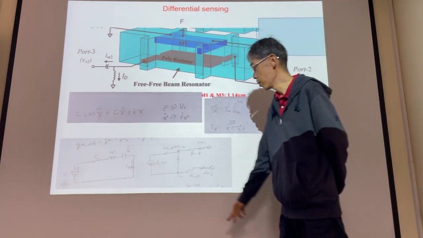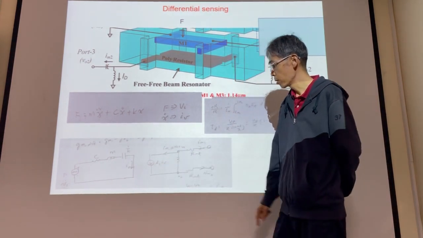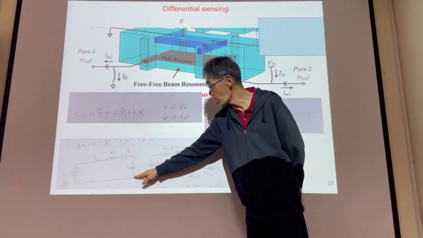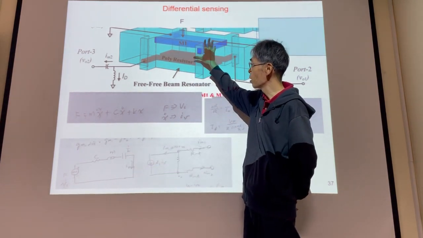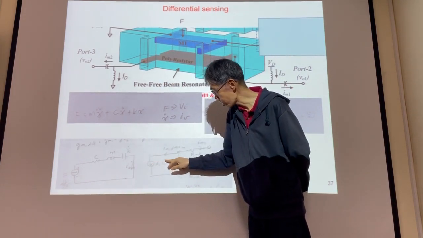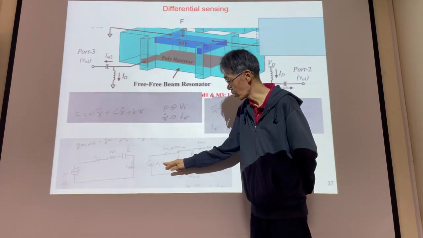And we need this current controlled current source. So this is current, IV is current in this mechanical system. This current will control. AI is the gain of this current source.